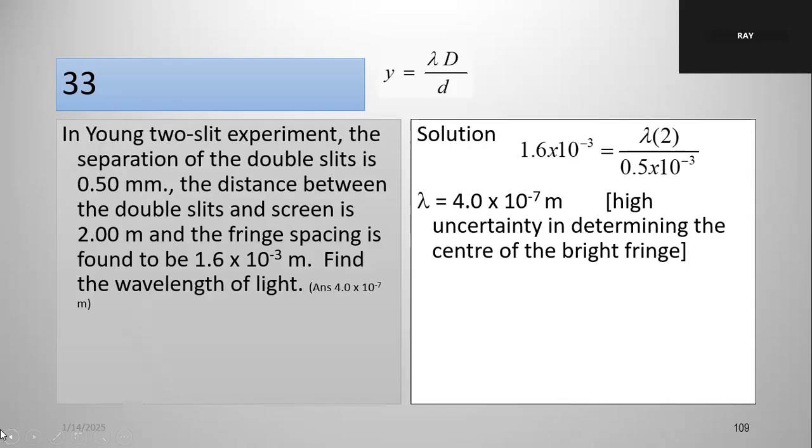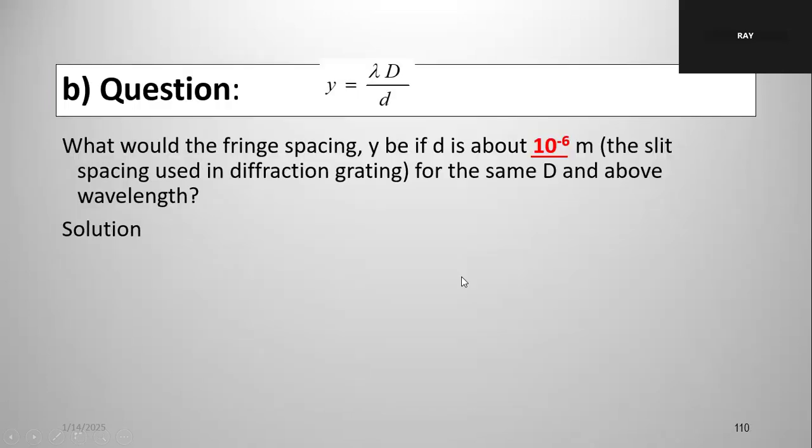Why is there uncertainty in determining lambda? Because of D, a lot of uncertainty, very small to measure. What would the fringe spacing Y be if D is 10 to the power minus 6, nearer to the wavelength of light?